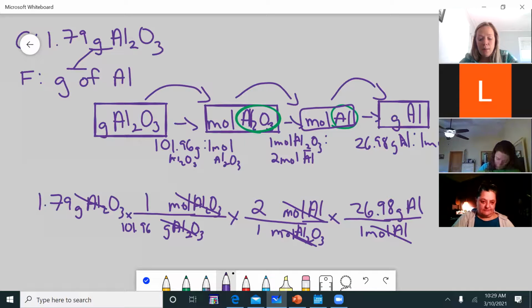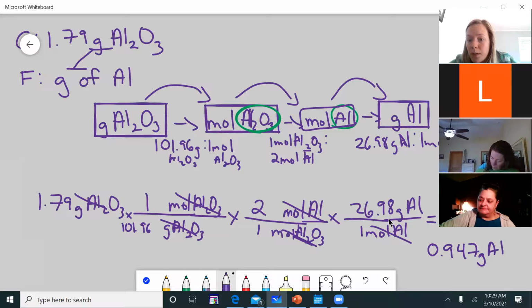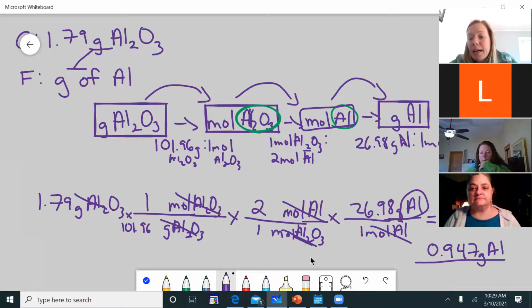The only thing on the bottom I have is that heavy molar mass, 101.96. And I end up with 0.947 grams of aluminum. The only unit left is the gram of aluminum. So within 1.79 grams of aluminum oxide, 0.947 grams is aluminum.